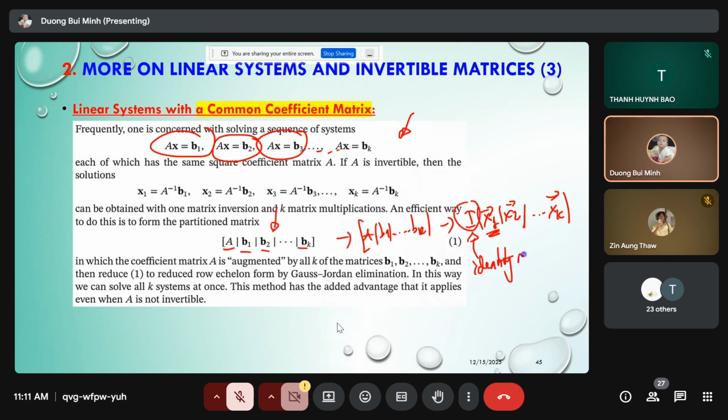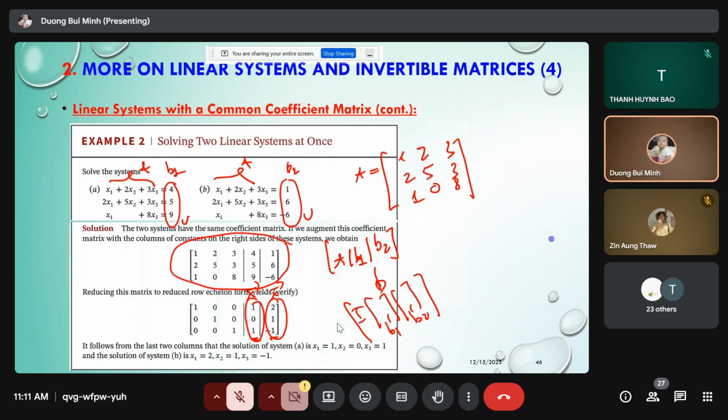Because this is the identity matrix, this one is X3, this is X2, this is X1. X1 equals 1, X2 equals 0, X3 equals 1.